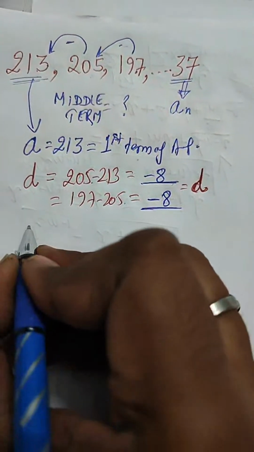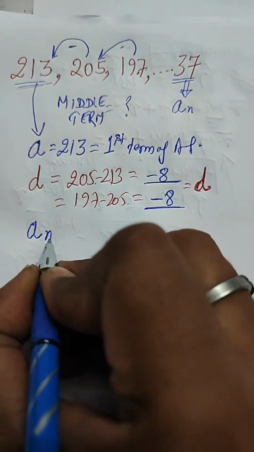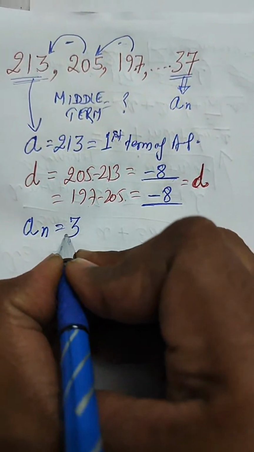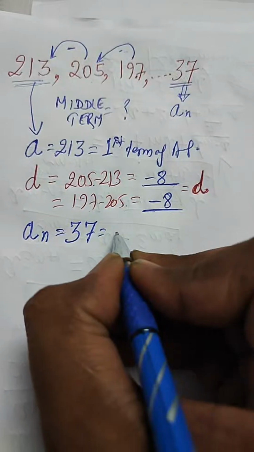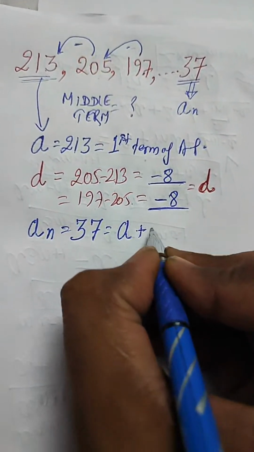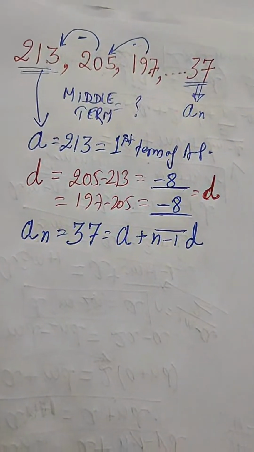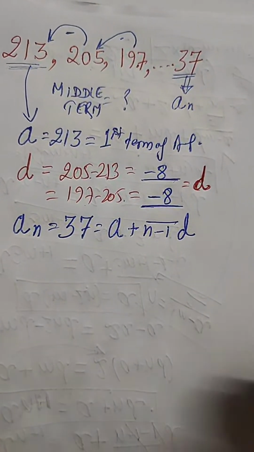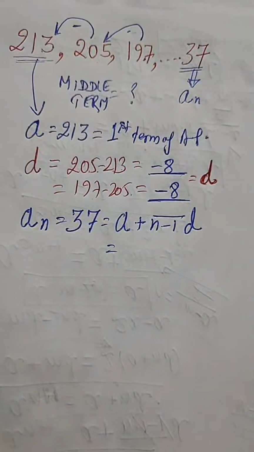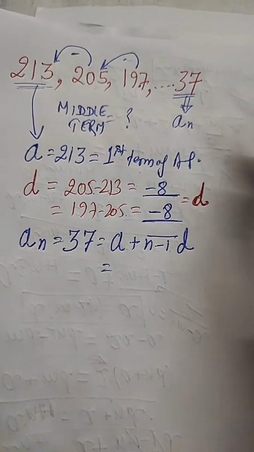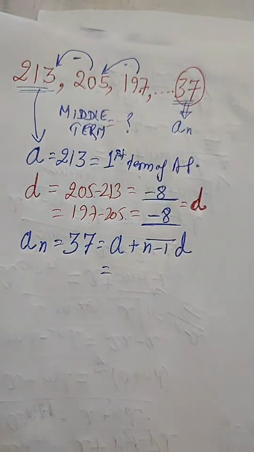And if the nth term of an AP is 37, then it will follow the formula A plus n minus 1 into D, right? So A plus n minus 1 into D will give you the nth term, which is 37 over here.